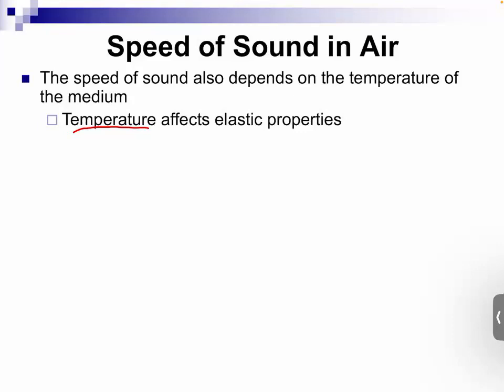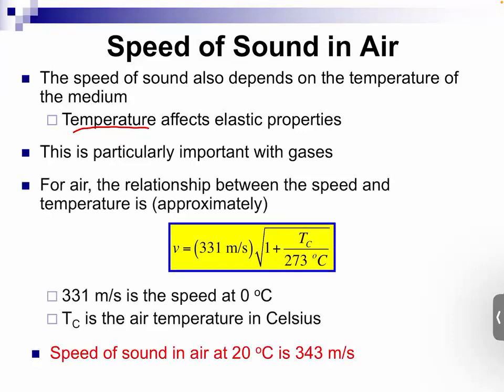And usually we will look at propagation of sound in air. So in air, the relationship between the speed of sound and the temperature of air is given by this equation here. 331 meters per second is the speed of sound when the temperature of the air is 0 degrees Celsius, and Tc is the air temperature in degrees Celsius.